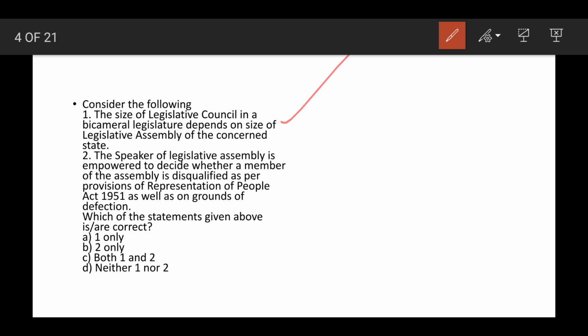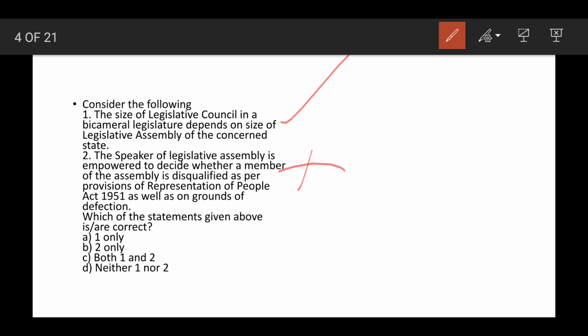Accordingly, as per this statement, the Representation of People Act 1951 is the base for disqualification, and that the Speaker of the Legislative Assembly can decide it is not correct.